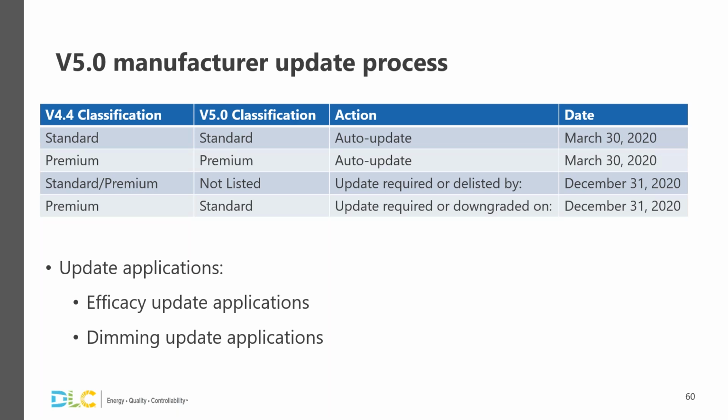We want to keep in mind that any updates to these version 4.4 products can be done via an efficacy update application or dimming update application to ensure your products meet these new requirements. And all applicable fees for those updates will be charged based on the fee schedule that I'm going to describe later on in the presentation. Next slide.